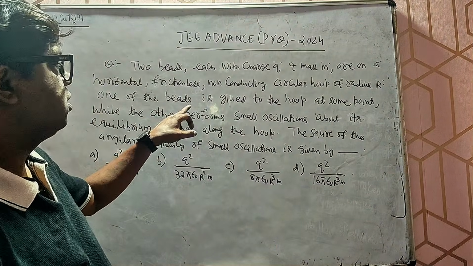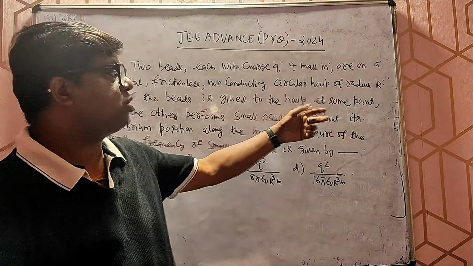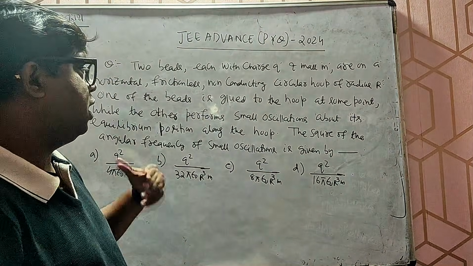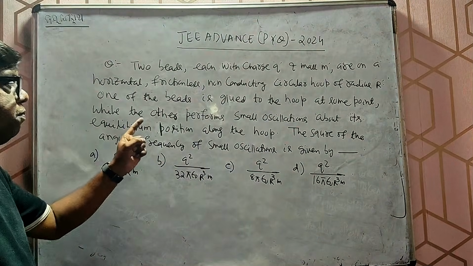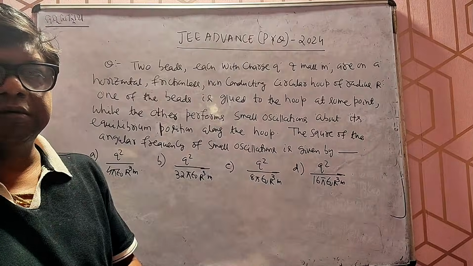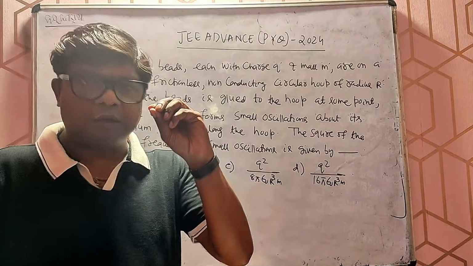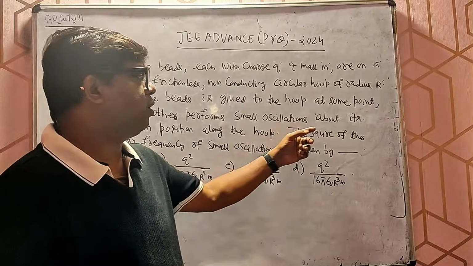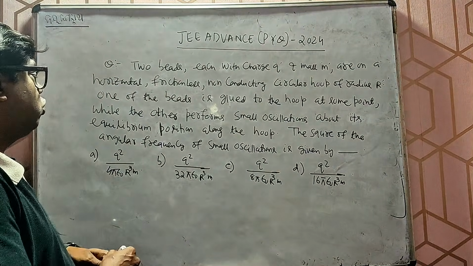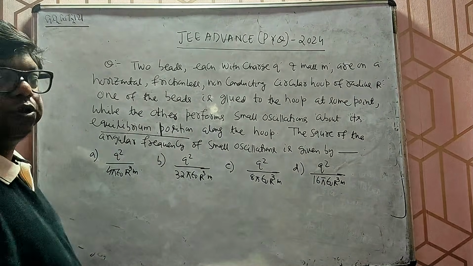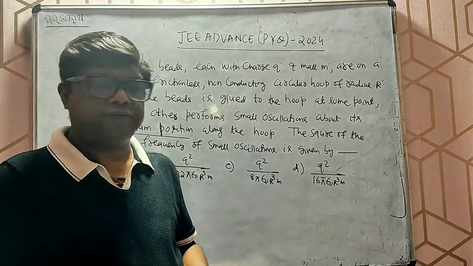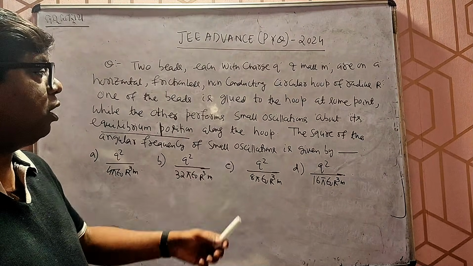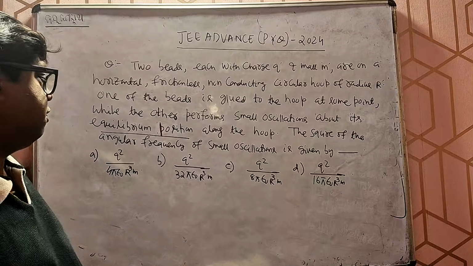One of the beads is glued to the hoop at some point, while the other performs small oscillations about the equilibrium position along the hoop. The square of the angular frequency of small oscillation is given by dash.